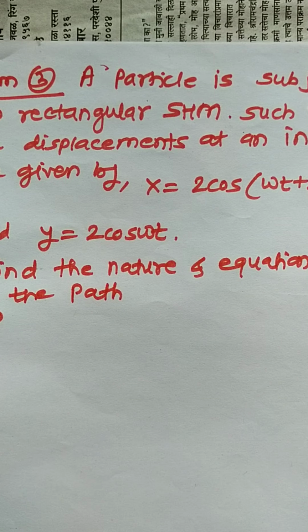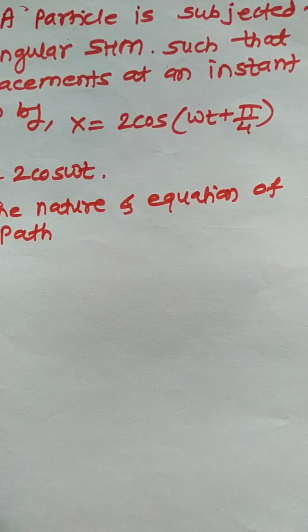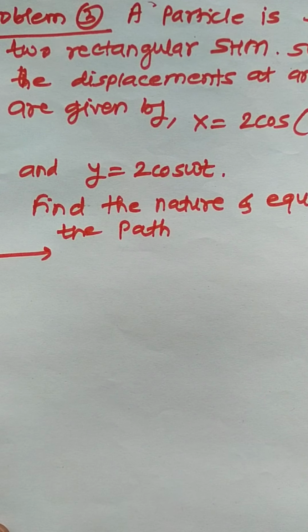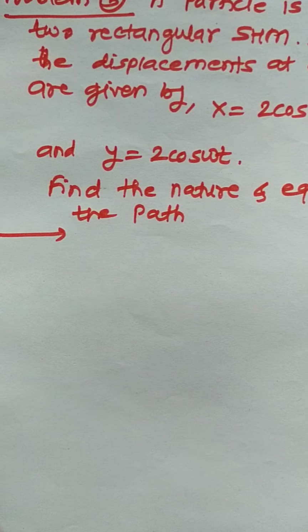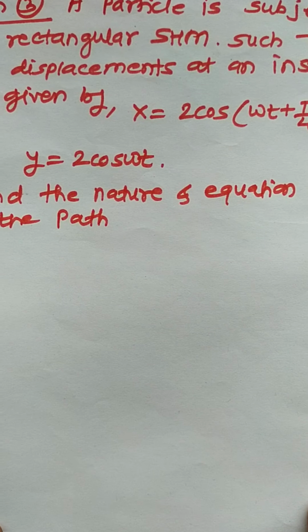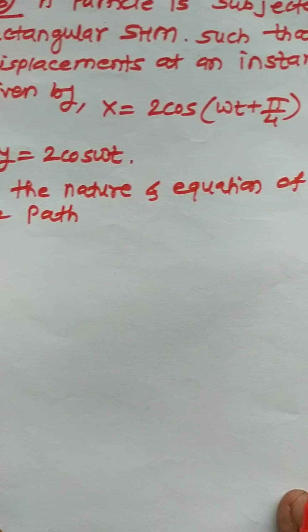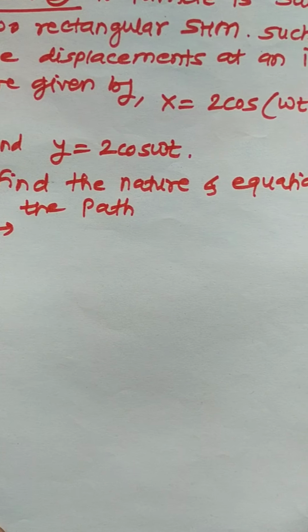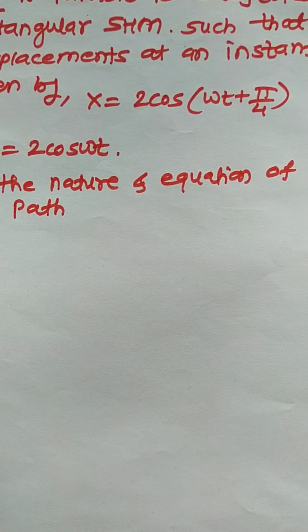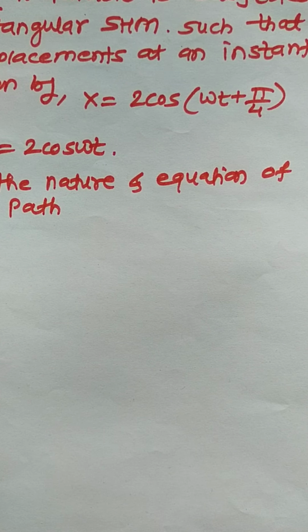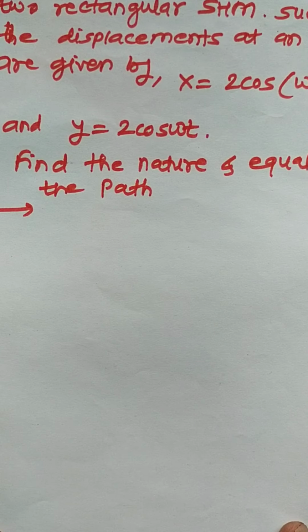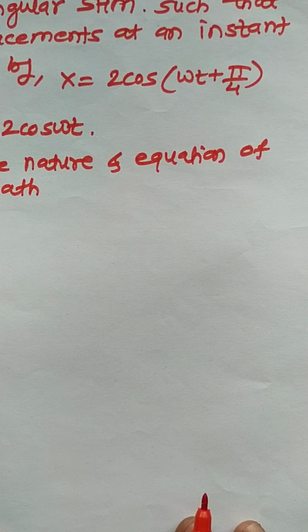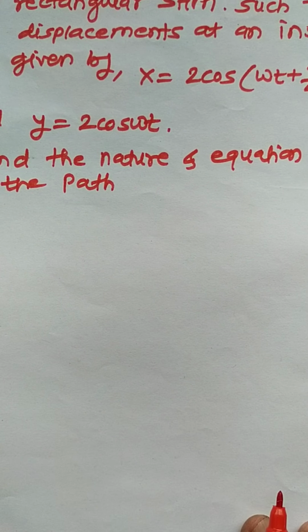So I again repeat this problem. A particle is subjected to two rectangular SHM such that the displacements at an instant are given by x equal to 2 cos omega t plus pi by 4 and y is equal to 2 cos omega t. Find the nature and equation of the path.